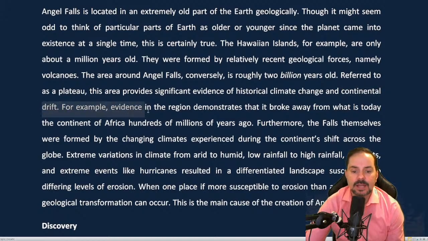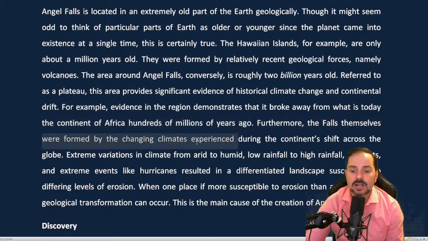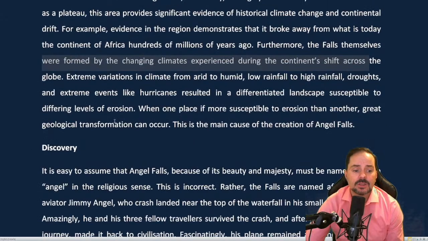For example, evidence in the region demonstrates that it broke away from what is today the continent of Africa hundreds of millions of years ago. Furthermore, the falls themselves were formed by the changing climates experienced during the continent's shift across the globe.